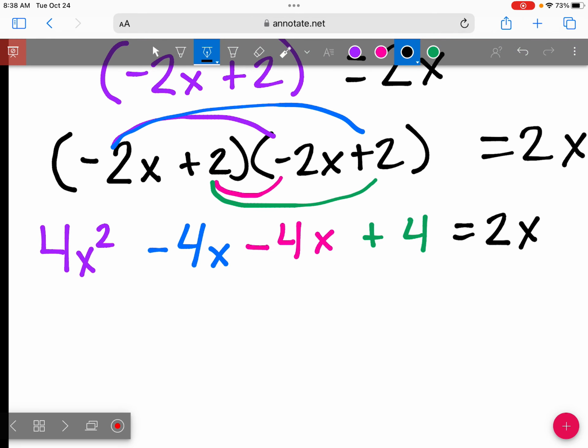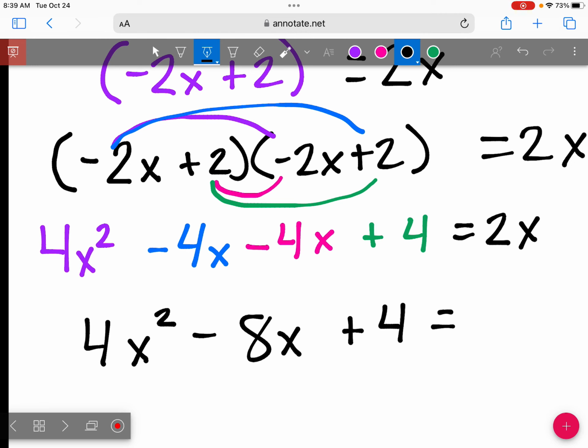Because when we combine these like terms, what we get is 4x squared minus 8x plus 4 equals 2x. Love that.